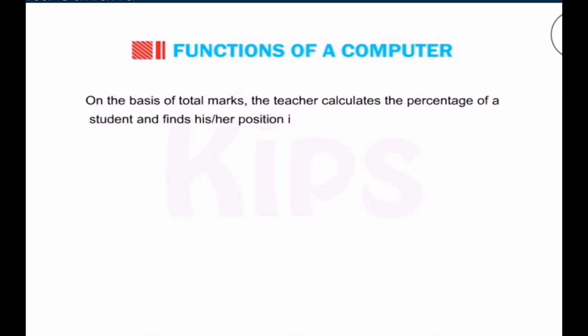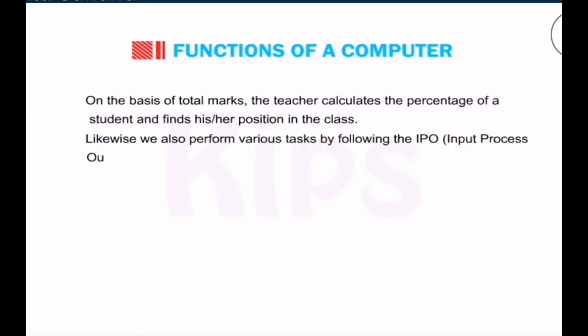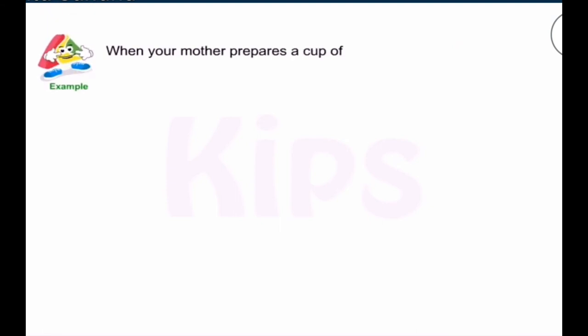Now, on the basis of these examples, we have learned about the IPO cycle, input process output cycle. How does it work? Let's take one more example. Now, in this example, you will see how your mother prepares tea.